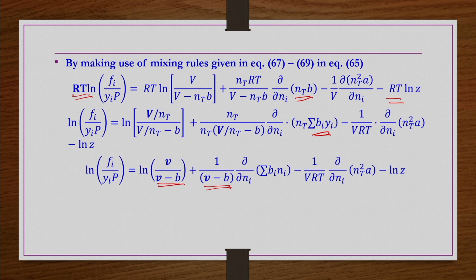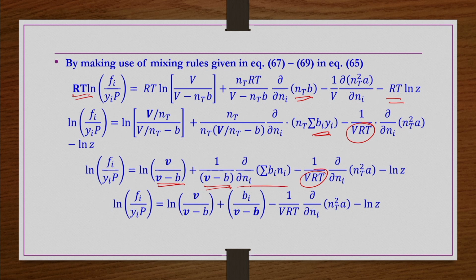Wherever RT was in the numerator, it has been cancelled by the denominator RT, and wherever there was no RT, it comes in the denominator. Next, we know that the partial derivative of the sum of B_i n_i with respect to n_i is nothing but B_i. The B_i by V minus B term is as it is, and the remaining terms we keep as they are.